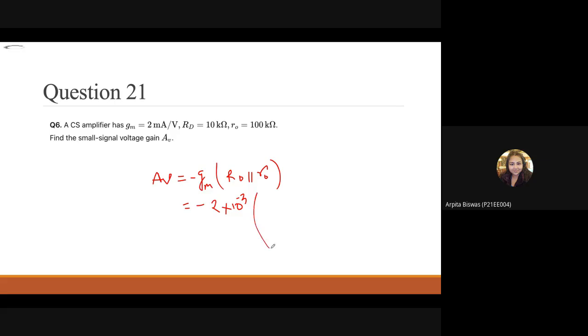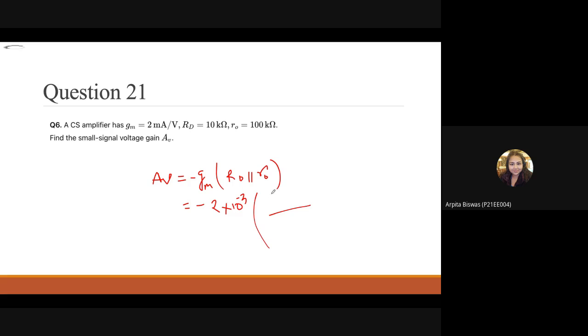And how to calculate this RT parallel to 0.018? What is the value? 0.018. This 100 is in kilo ohm.